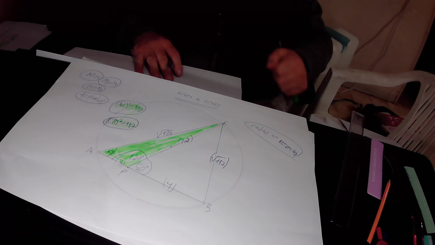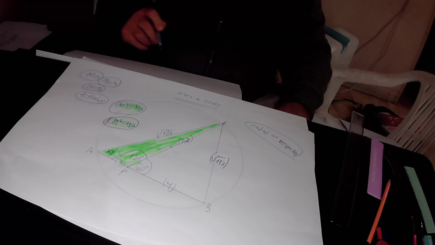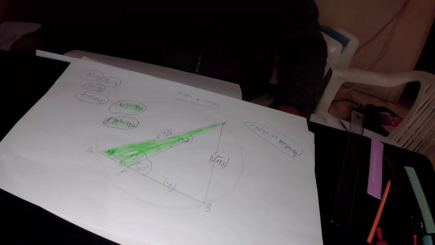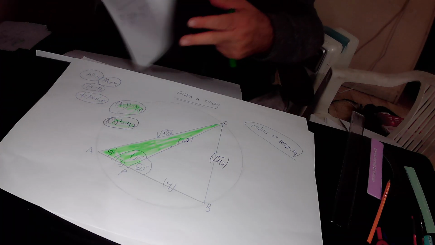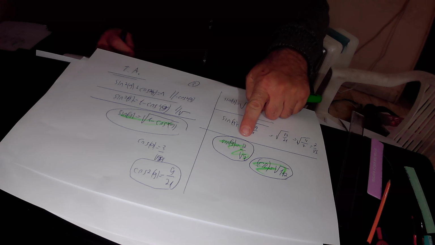CB is equal to the square root of 112. And we already found out that sine alpha equals 2 over square root of 7.